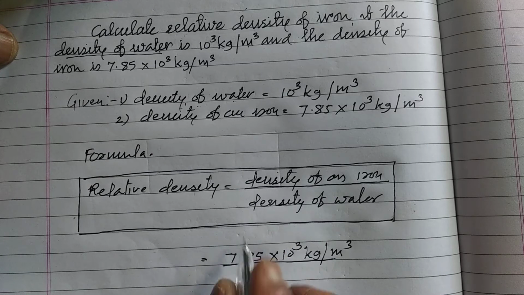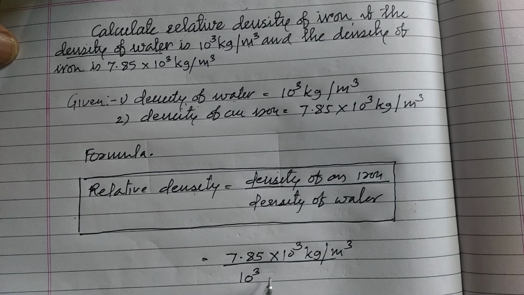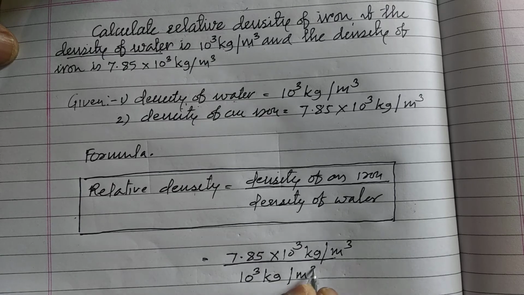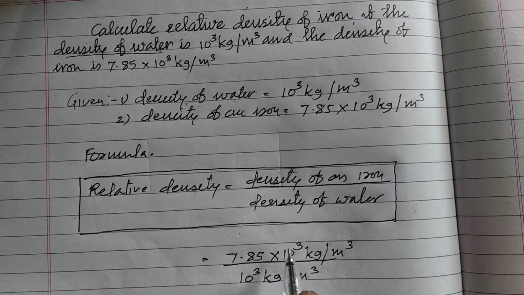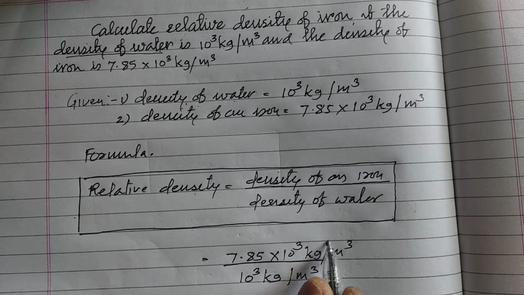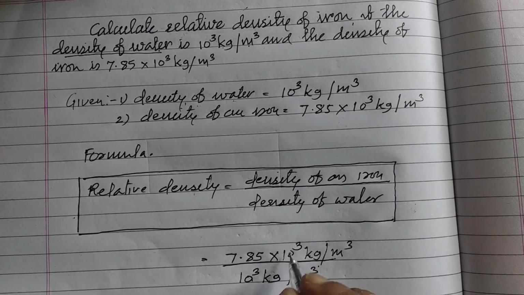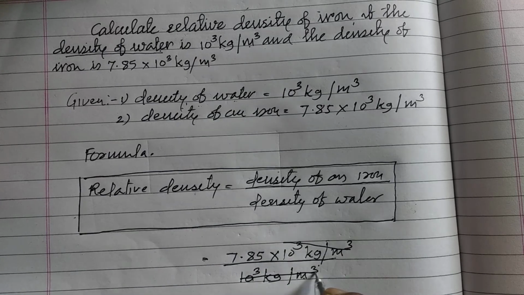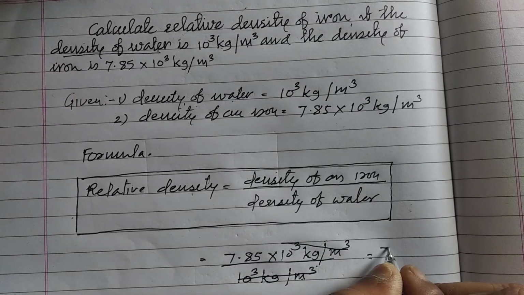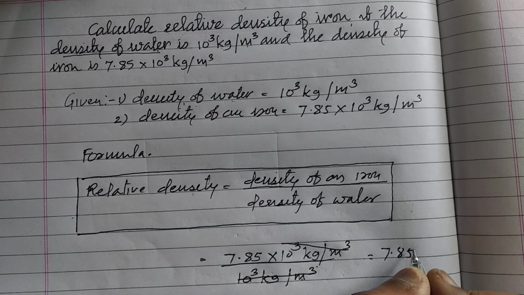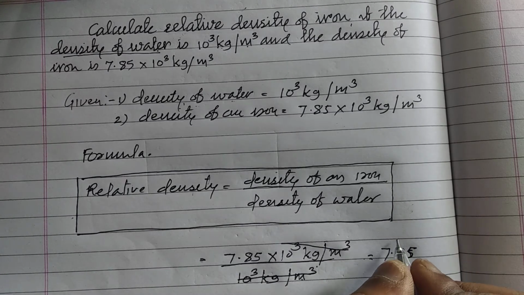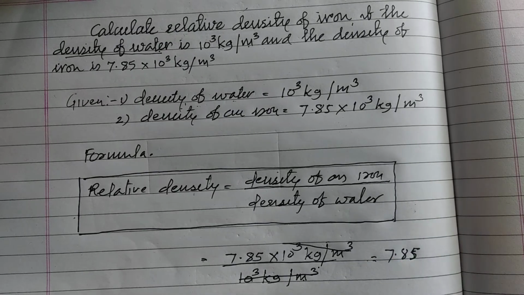What is the density of water? That is 10 raised to 3 kilogram per cubic meter. So here I have 10 raised to 3 kilogram per cubic meter, and at the denominator also I have 10 raised to 3 kilogram per cubic meter. So this will cancel. What I got? I got 7.85. 7.85 is the relative density of an ion.